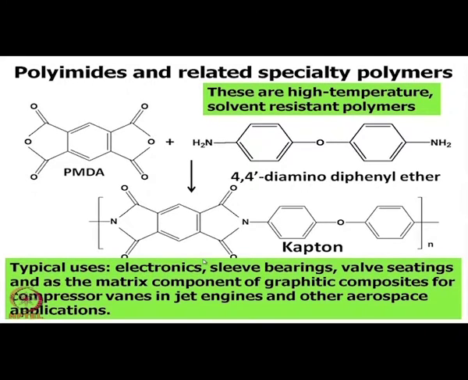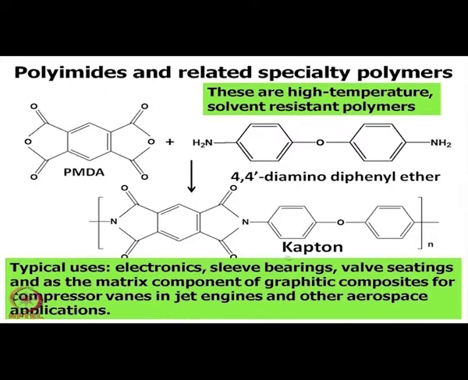Typical use of such Kapton polymer, polyimide polymer, is found in the electronics field, as sleeve bearings, as valve seatings, and as the matrix component of a graphite composite. That means a carbon fiber reinforced composite.